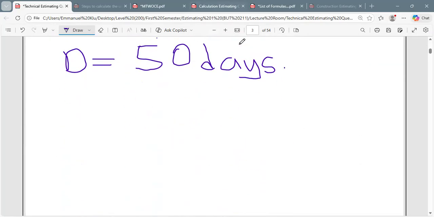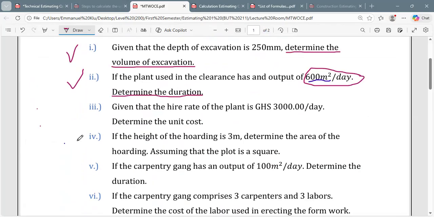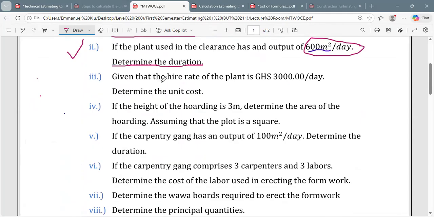Let's go to our part I. So we are done with this. Let's tick. Okay. Given that the hire rate of the plant is 3,000 per day, determine the unit cost. Okay.